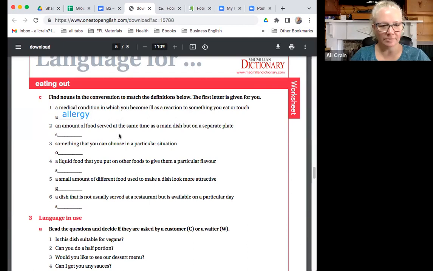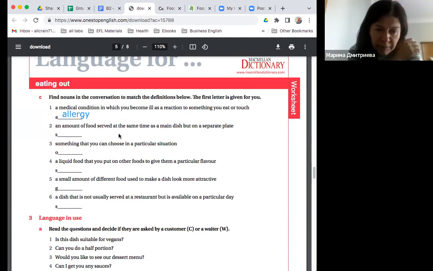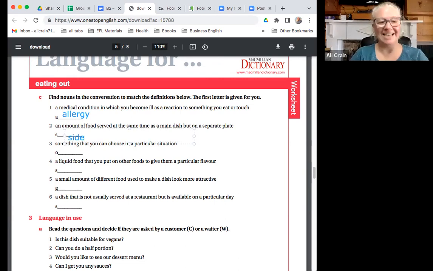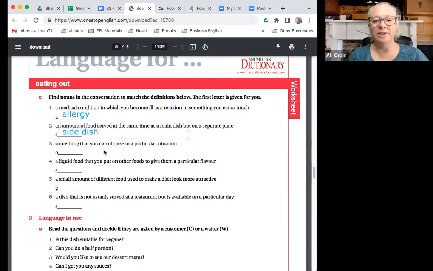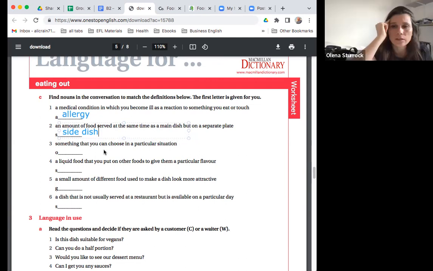Marina, number 2. An amount of food served at the same time as a main dish, but on a separate plate. Maybe side. Yes, correct. It's a side dish. Either a side or a side dish, either one. What is a side dish? A side dish would be like, if you order a steak as your main dish, then the side would be vegetables or a potato or maybe garnish.